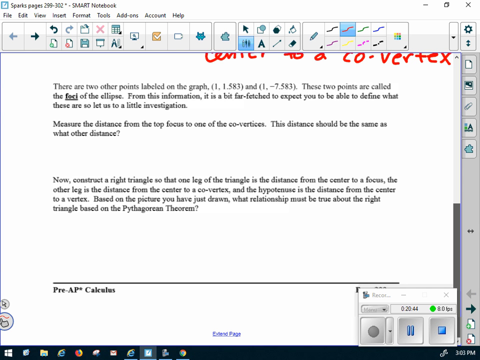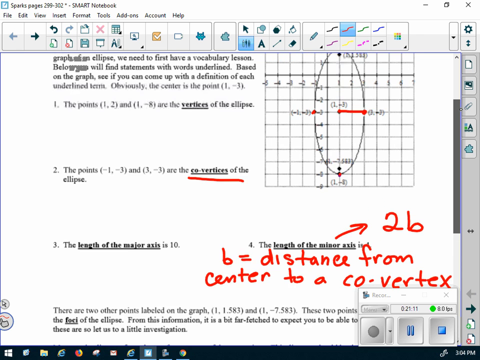Now, what you're going to get is a ruler. These rulers are not gridded off real fine. We're just going to do the best we can. Measure the distance from the top focus to one of the co-vertices.